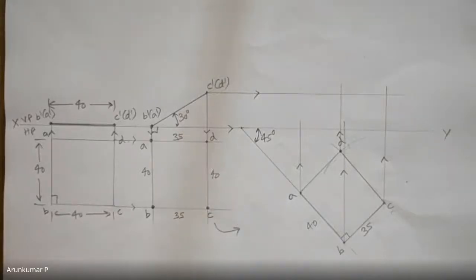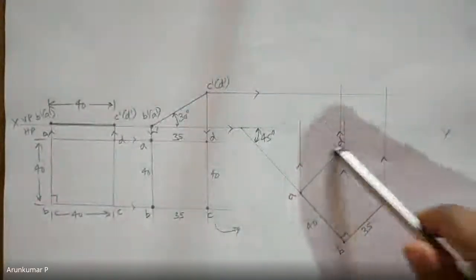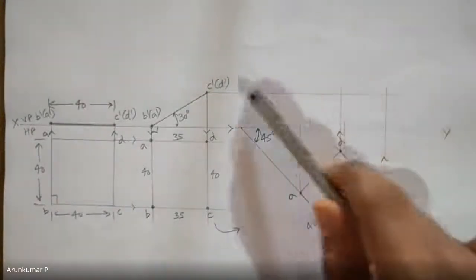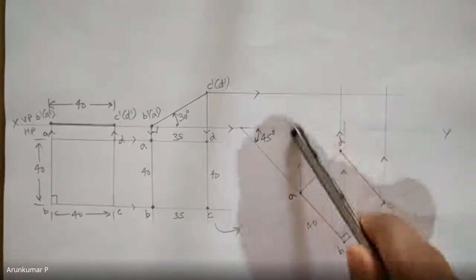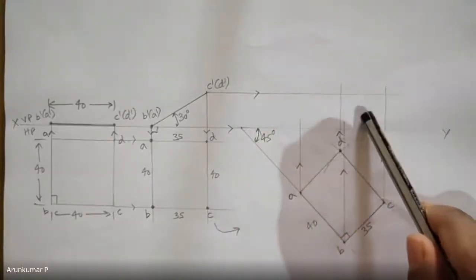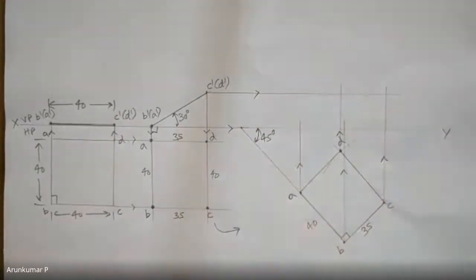So four vertical projections and two horizontal projections will intersect and give you the third step front view.